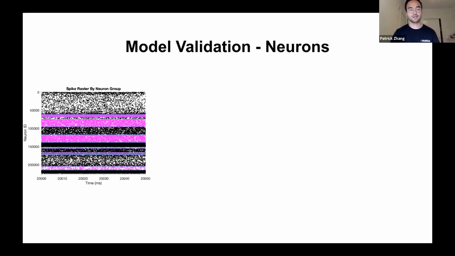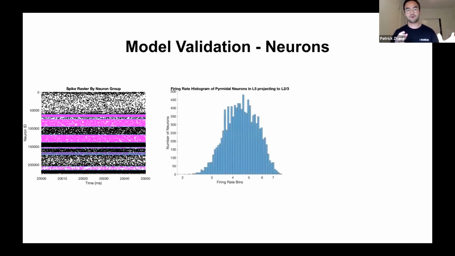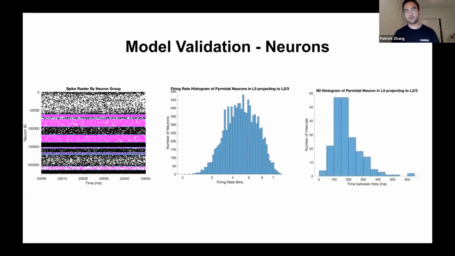Here we just wanted to check that the firing dynamics per group were different. Then for a single neuron group, we wanted to check that the firing rate histogram was a relatively log normal distribution. And for a single neuron, we wanted to check its interspike interval histogram. Here we were looking for a Poisson distribution.